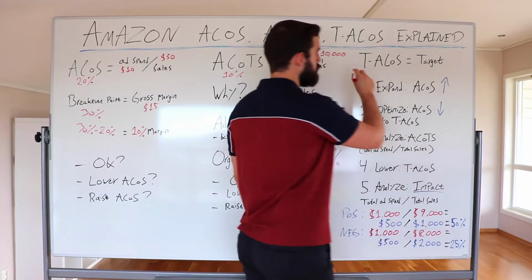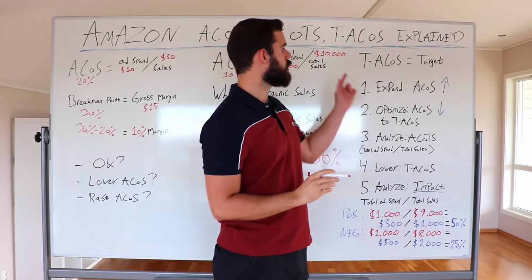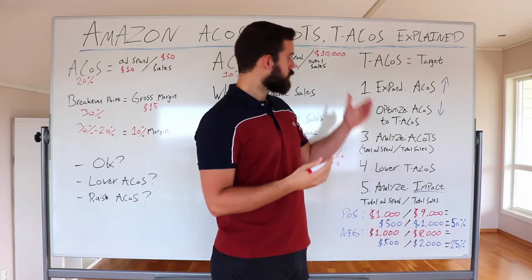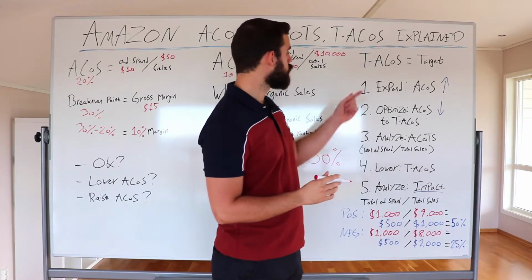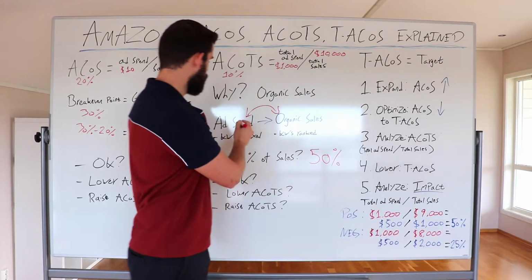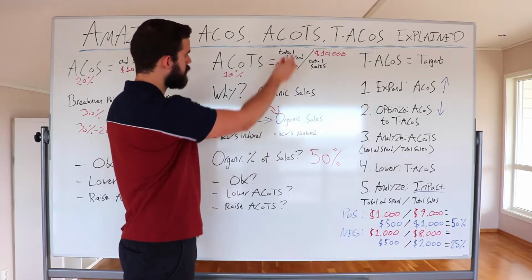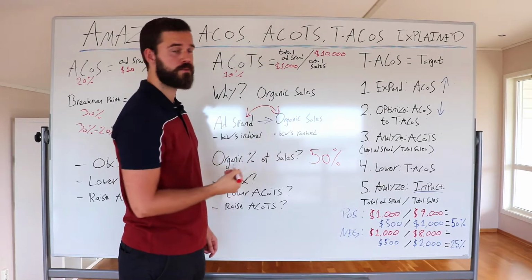So back to the TACoS, the target. Because you can set a target, you can control the ACoS, and then you can look at what's happening to the total when you spend more or less on your ad spend, what's the total impact.